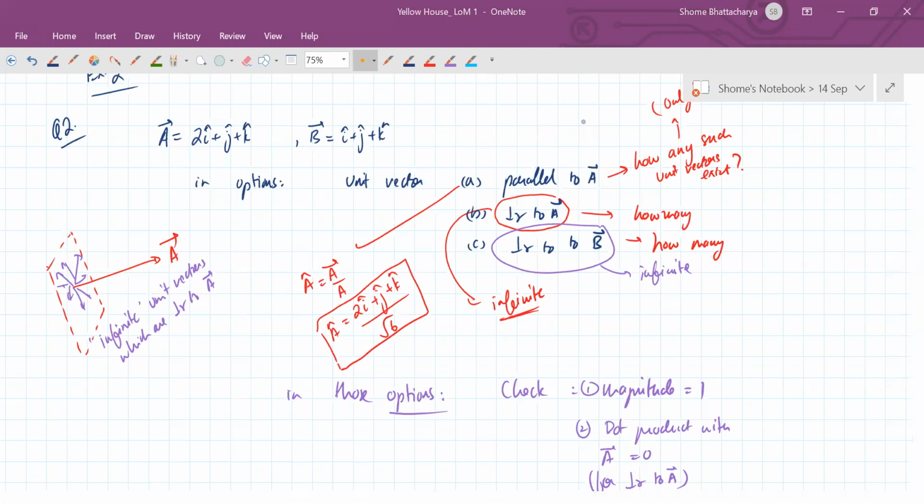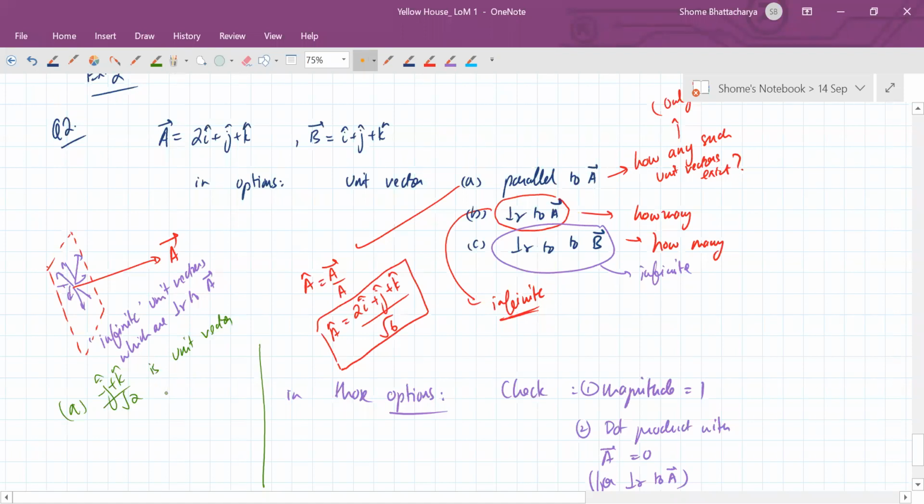So for example, look, this first vector is given as minus j cap plus k cap by root 2. So there's an option which says that minus j cap plus k cap by root 2 is a unit vector perpendicular to A. So you can check two things.